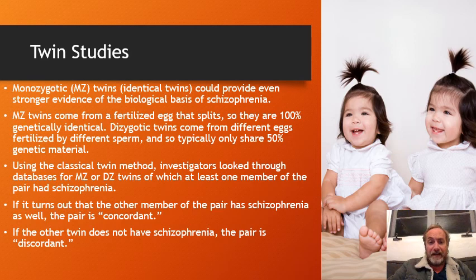You look through databases and try to find twins where at least one member of the pair has schizophrenia, and then you want to see if the other member of the pair has schizophrenia as well. If both twins have schizophrenia, then it's called a concordant pair. And if it turns out that the other twin doesn't have schizophrenia, we call it a discordant pair.